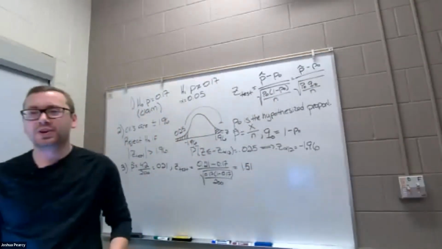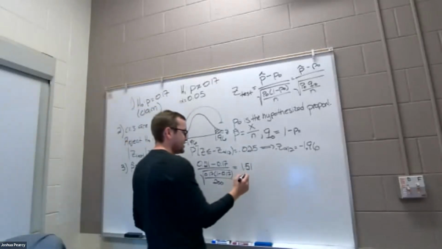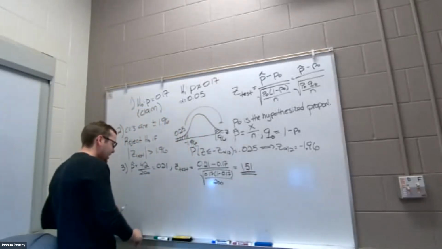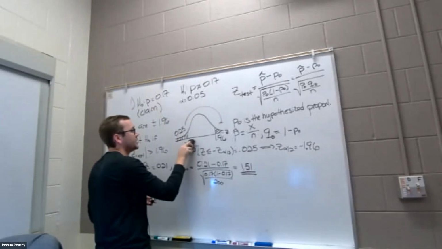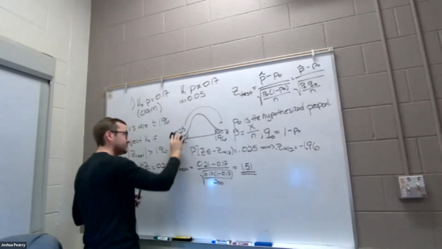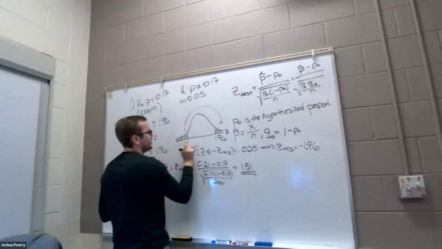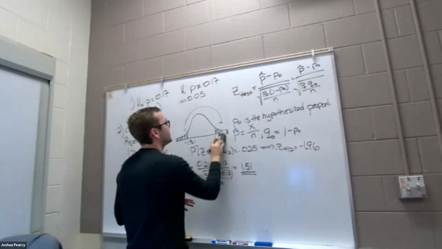Now it says find the corresponding p-value. You got a positive test statistic here, so the easiest way to find the p-value is to look at the negative of that, look at the area to the left of it, and double it. Here you have negative 1.51, and here you have positive 1.51.